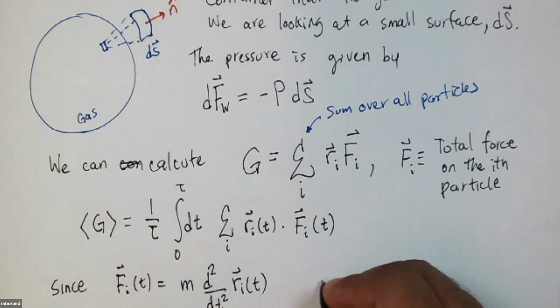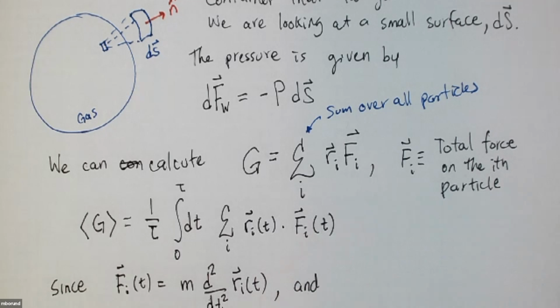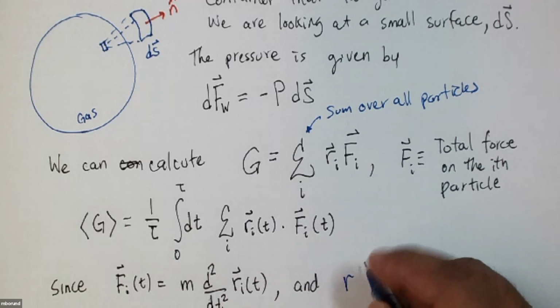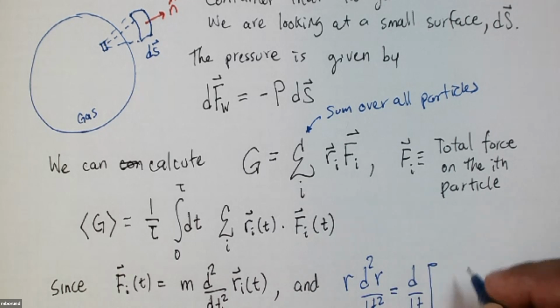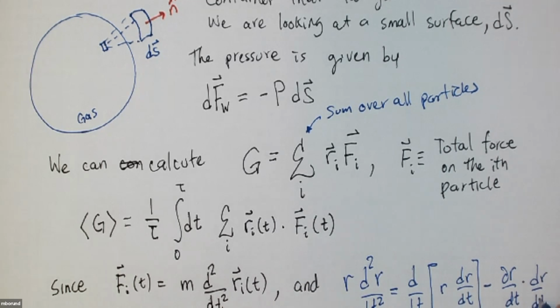And what I know is that R dot dr/dt is equal to the time derivative of R dot dr/dt, minus dr/dt dotted with dr/dt.